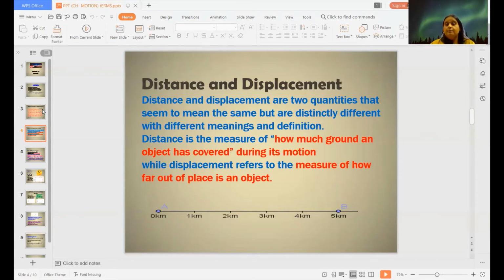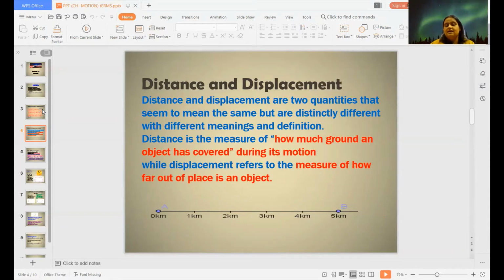Why 0? Because by definition, displacement is the shortest distance, the minimum distance between the initial and final position. From where you have started, from your room, from your bed, from your chair, you have gone, but you come back where? To the same point. Then you have not been displaced because your initial and final positions are the same.